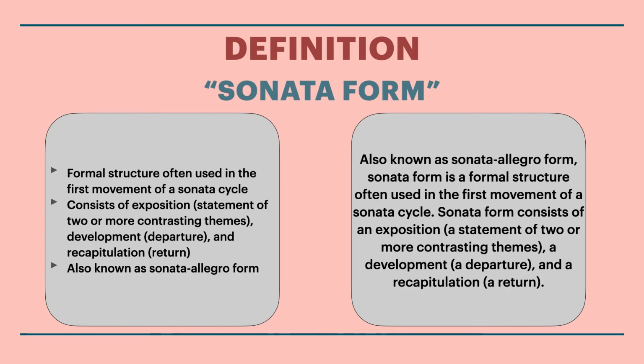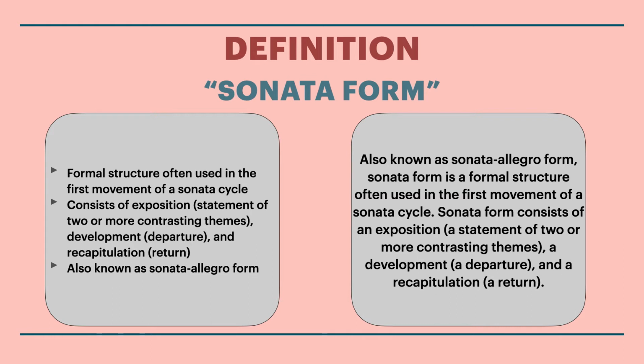Okay, so what is sonata form? It's also known as sonata allegro form. It's this form which provides a formalized structure often used by composers in the first movement of a sonata cycle.